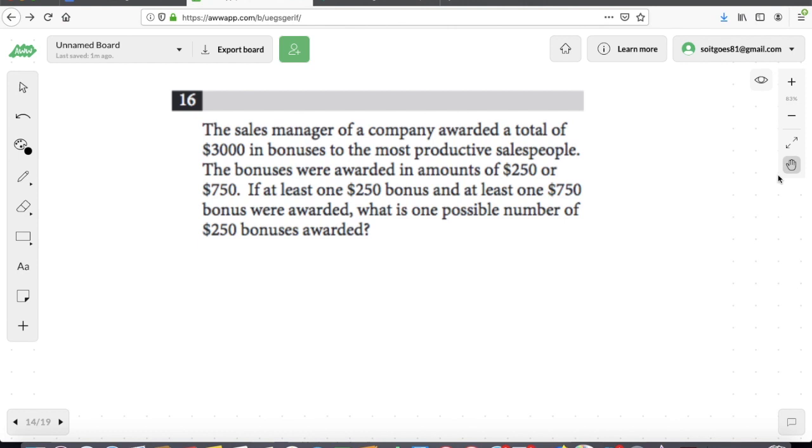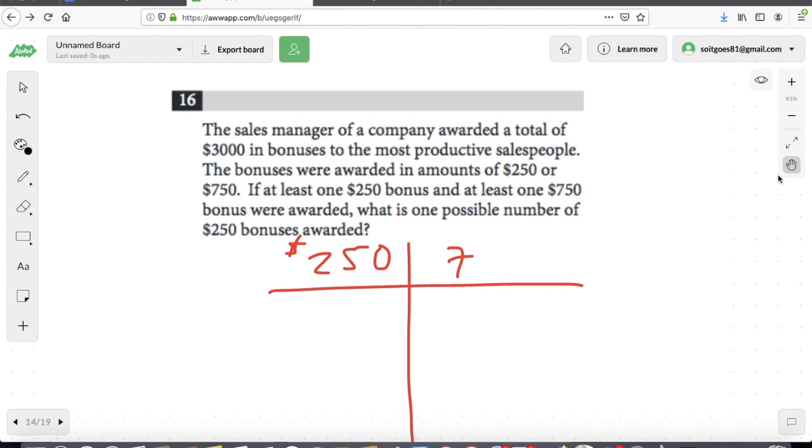Okay. Let's test values. Let's do that T-chart again. We've got some number of $250 bonuses and some number of $750 bonuses. As long as it adds up to 3,000, we're good. There's got to be at least one $250 bonus and at least one $750. So give me some values.